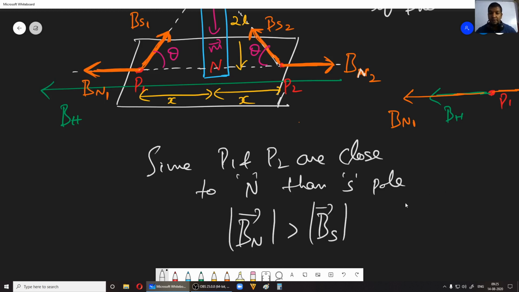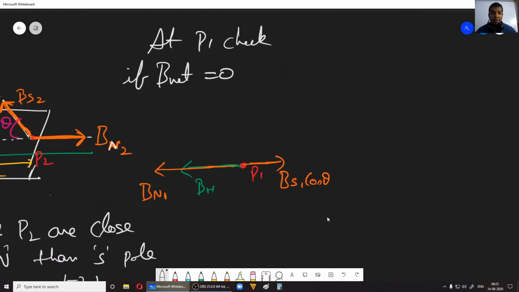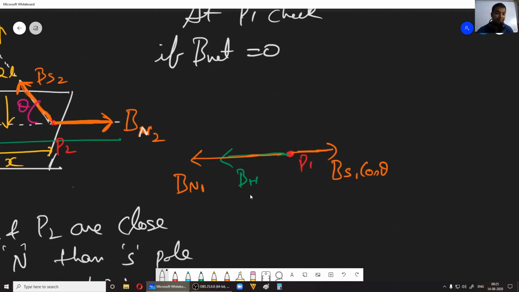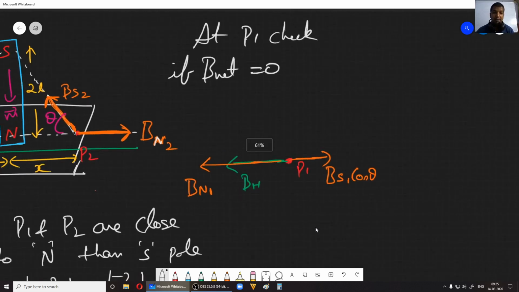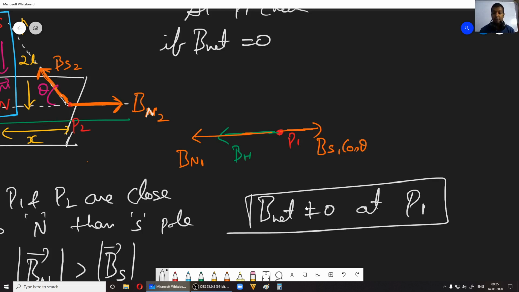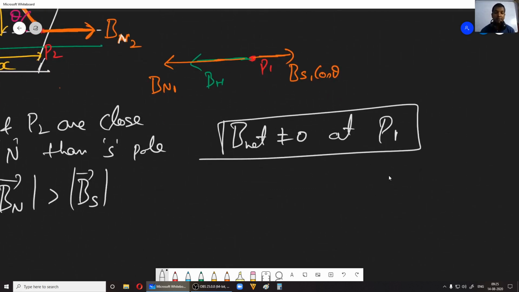Therefore the arrows I have drawn like this. See Bn1, the yellow arrow, has more length. So there is no way that you will get net magnetic field 0. So B net is not 0 at P1. So P1 is not a null point. That is the main conclusion.